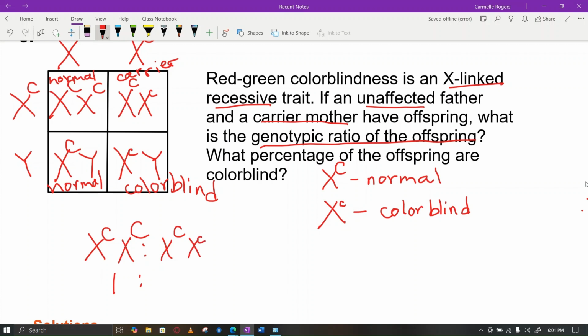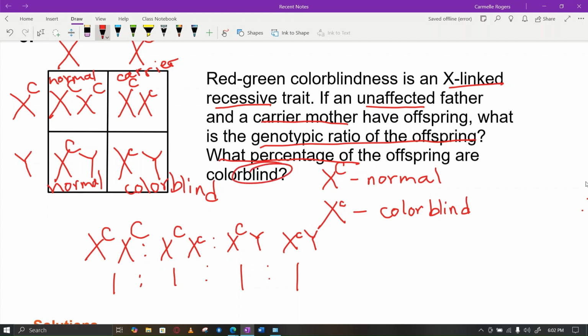That's heterozygous female. There's also one. Then we have the X capital C with a Y. So a normal male. And our last one is the X recessive or mutant allele with the Y. And we have one.